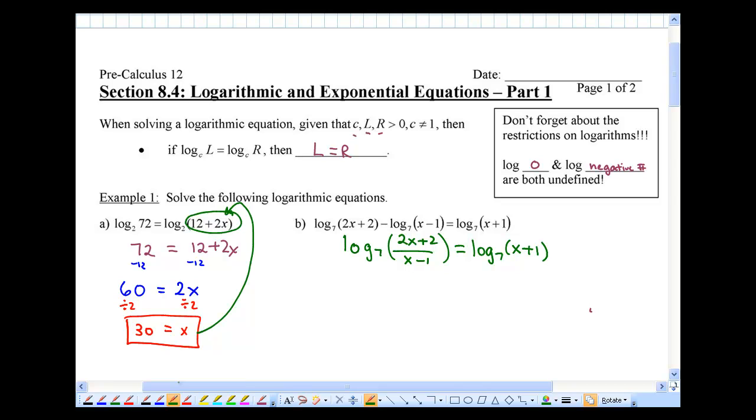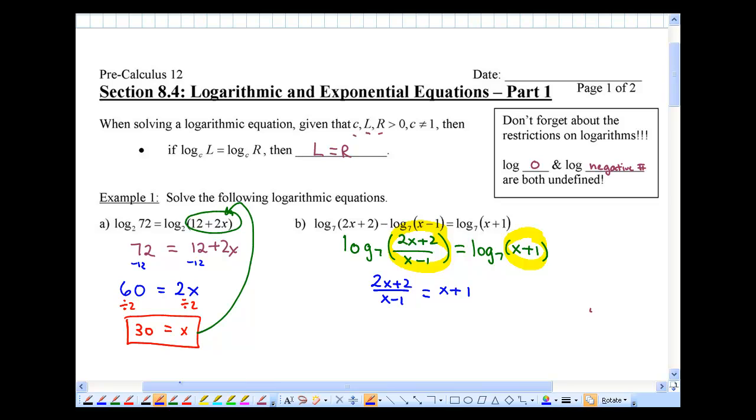So now that I've written it with one log on the left, one log on the right, we can then say the numbers for each part must equal each other. So this part here must also equal this part there. So I'm going to now say 2x plus 2 over x minus 1 is equal to x plus 1. And now it's time to solve.